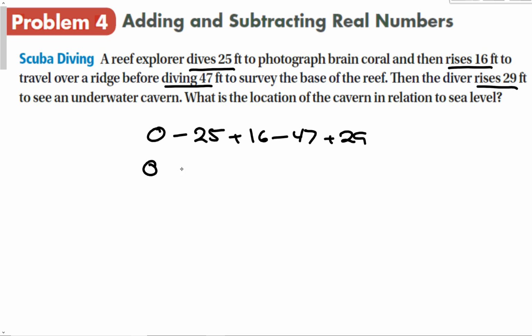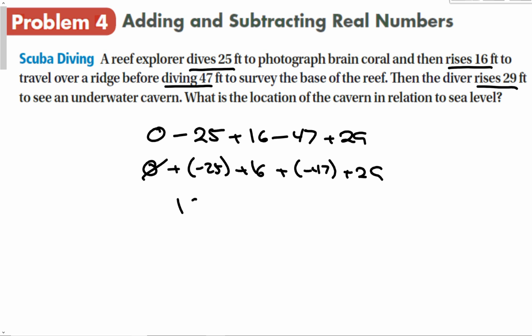I can use what I've learned, that I can add a negative 25, I can add a 16, I can add a negative 47, and I can add a 29. Okay, I can use some properties if I want to keep the positive numbers together and the negative numbers together. I can use my properties of addition. So I can get rid of 0 because adding 0 to something does not do anything.